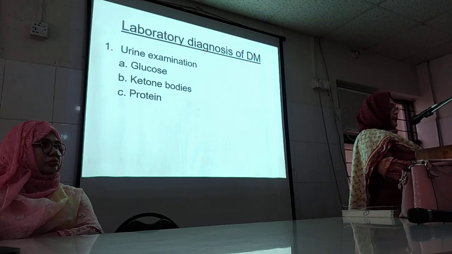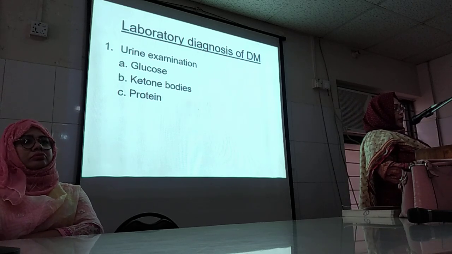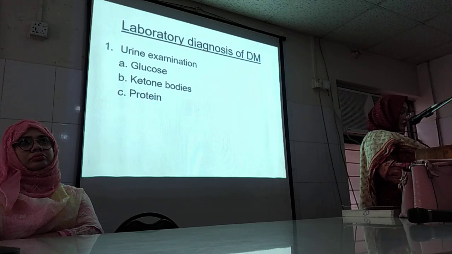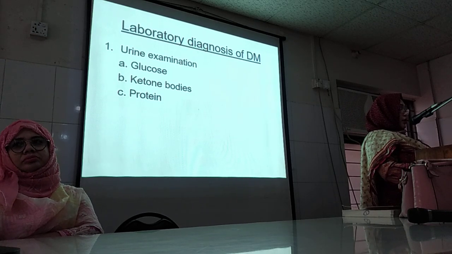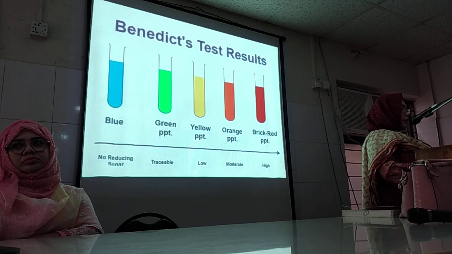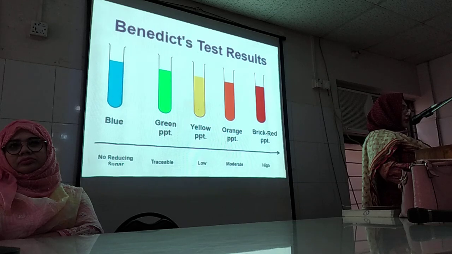Now we are going to the laboratory diagnosis of diabetes mellitus. Urine examination: here glucose, ketone body and protein. Various tests are used for sugar.